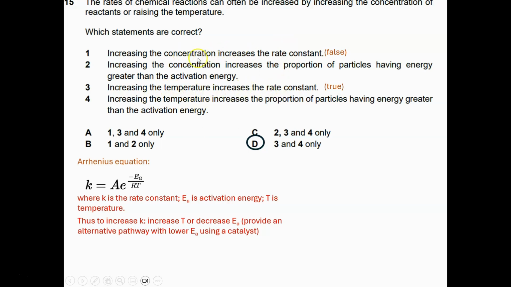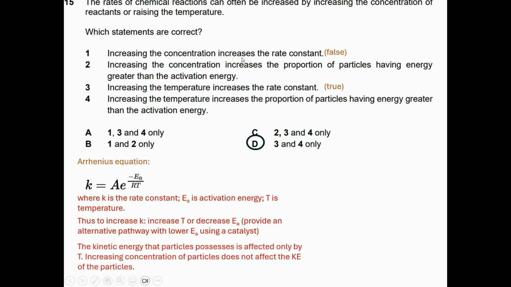When I change concentration, it has no effect on rate constant. Next, the kinetic energy that particles possess is affected only by temperature. When I change the concentration, it does not affect the kinetic energy of particles, which means 2 is false, 4 is true.